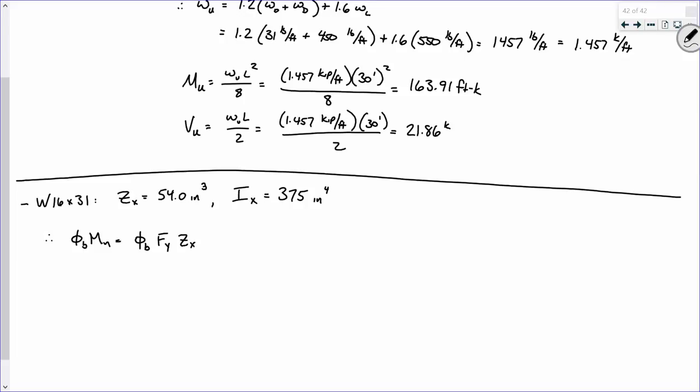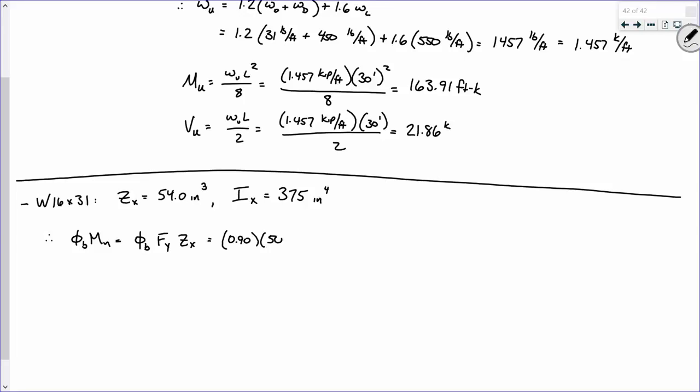Now, Fy we're going to take to be 50 ksi, and again, that's sort of the general policy from here on out, that unless otherwise noted, 50 ksi. I mean, we've been dealing with wide flanges only, for instance, just with columns. It's going to be the same thing with beams. Okay, so our phi value for bending, does anybody remember what that is? We talked about that last time. Anybody remember? 0.9.